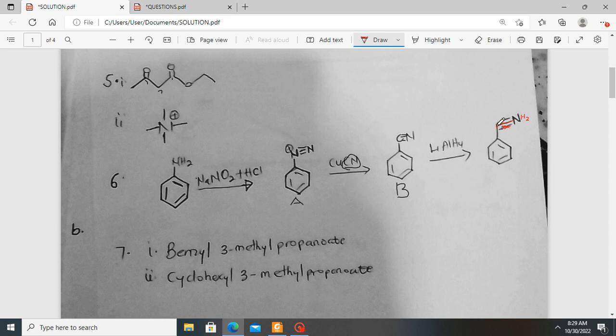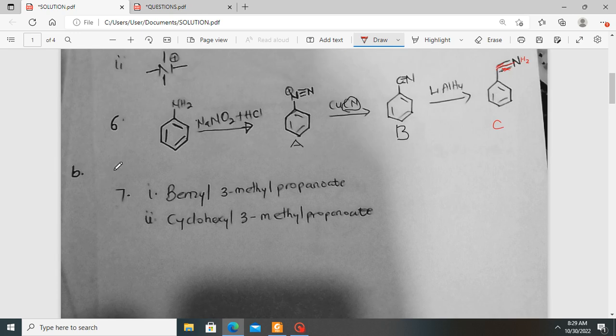It is going to be C single bond N, 2H. This is benzylamine. So here it is not a triple bond. It is a single bond from this carbon to this nitrogen and two hydrogens. Take note of that. So this one becomes the C.